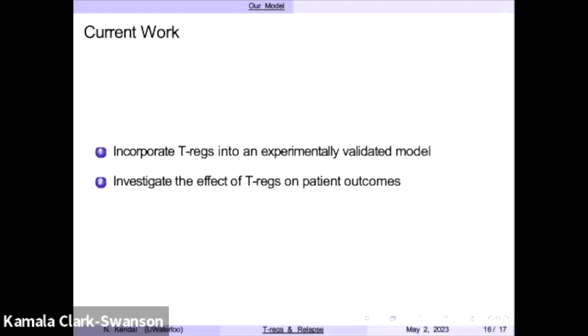We're going to be using this to investigate the effect on patient outcomes, to confirm that we see the same sort of overall dynamics, even though we're no longer able to analyze the model mathematically. The other fun thing is that after the talk earlier today about sex differences, I was doing a little reading, and it turns out that T regulatory cell populations are different in men and women.